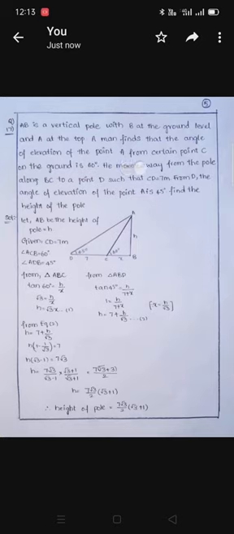He moves away from the pole along BC bar to a point D such that CD bar is equal to 7 meters. From D, the angle of elevation of the point A is 45 degrees. Find the height of the pole.